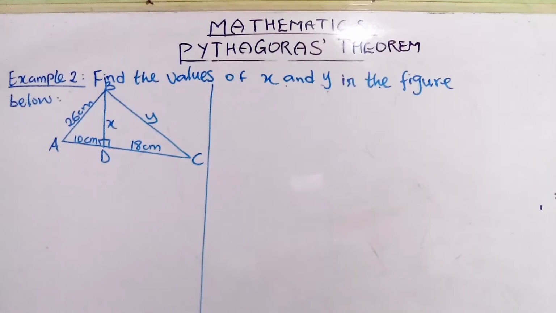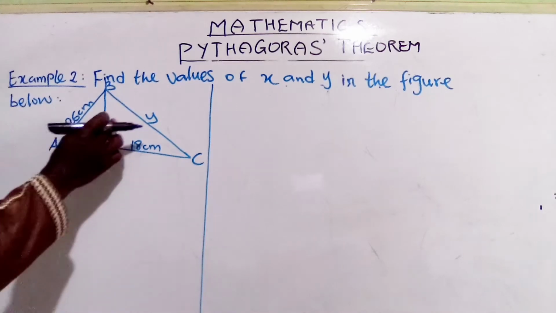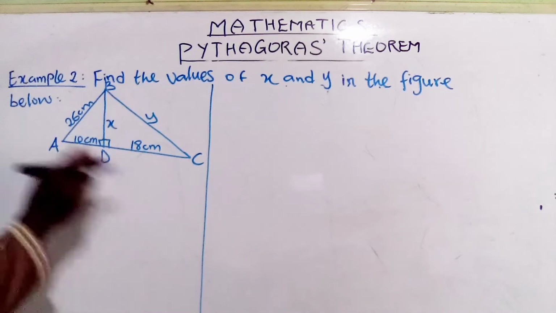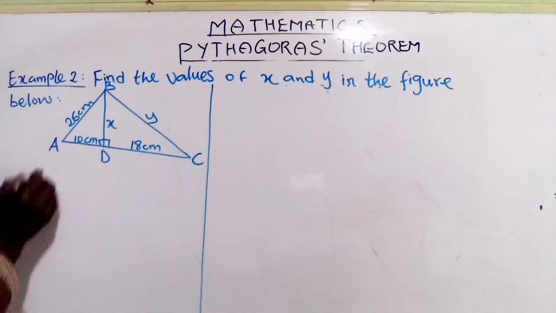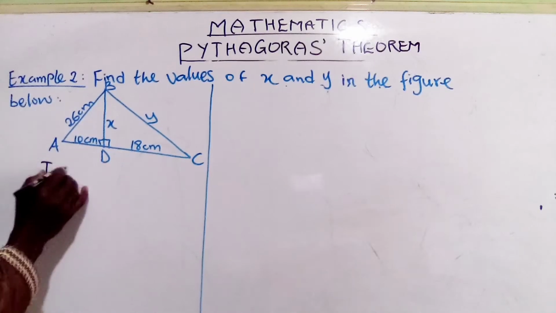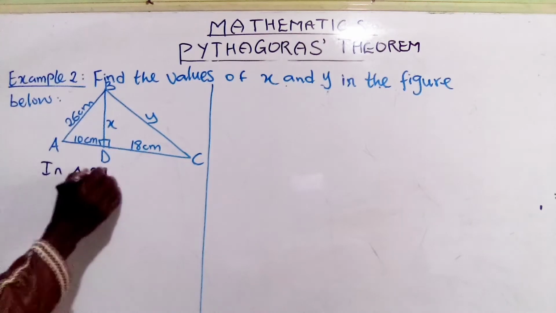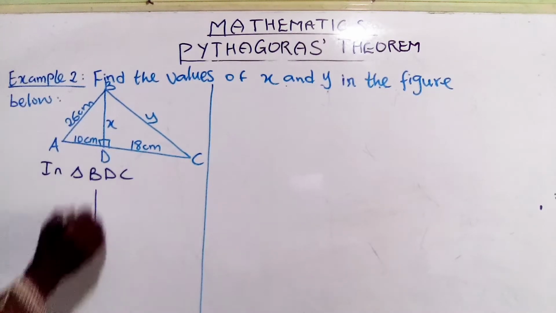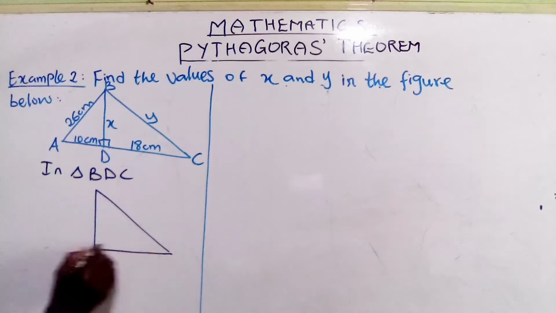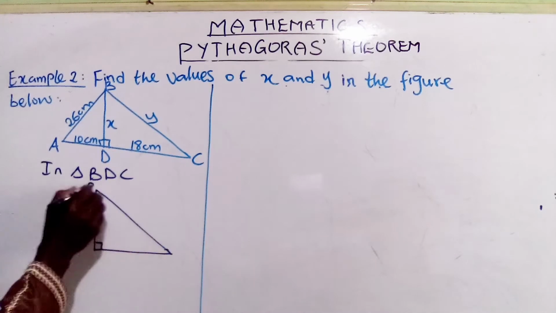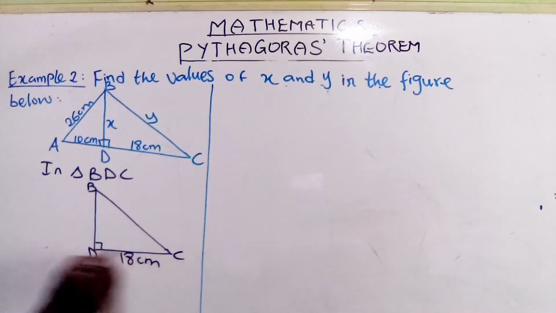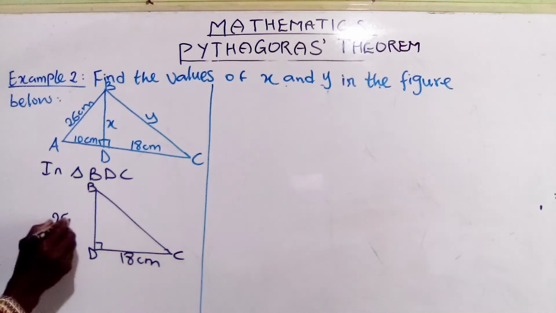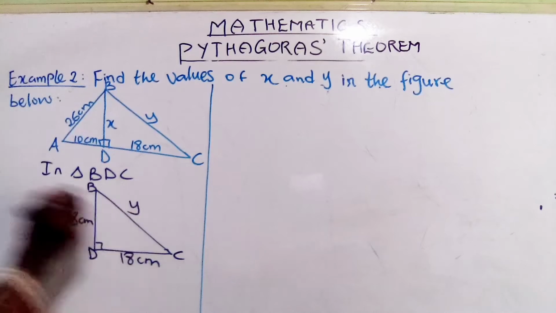Now, since we are able to get the value of x, it should be easier for us to get y because we have been given two values now. Now, in triangle BDC, let's take that one out. BDC. So this one is 18 centimeters. This place is 25.8 centimeters. We can get our y now.